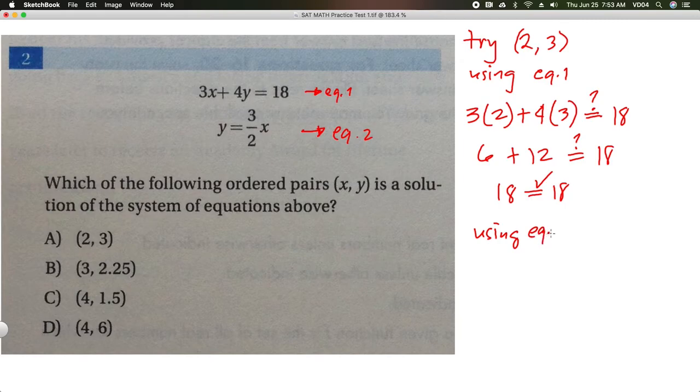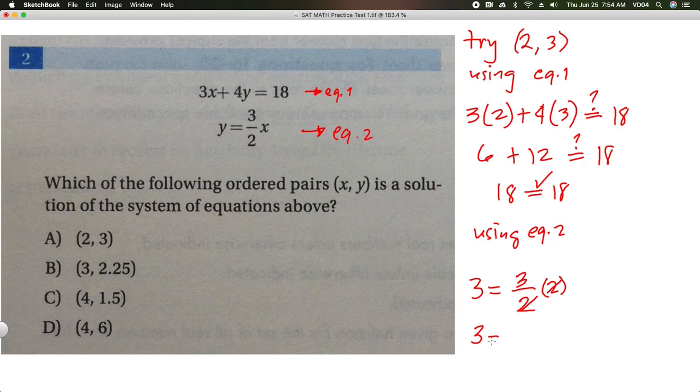Using equation 2, we're going to try 2 and 3 to see if it satisfies this equation. So y should be equal to 3. 3 is equal to 3 over 2x. Instead of writing x, we're going to write 2 times 2 and simplify this. We have 2 divided by 2 is 1, and so we have 3.